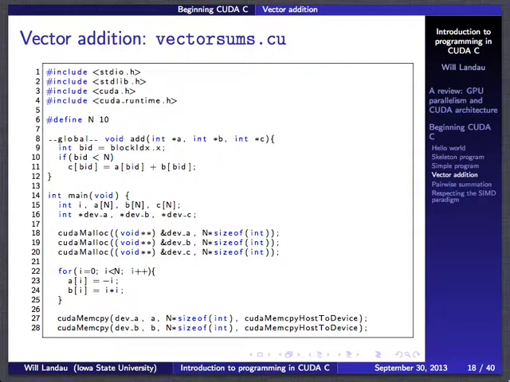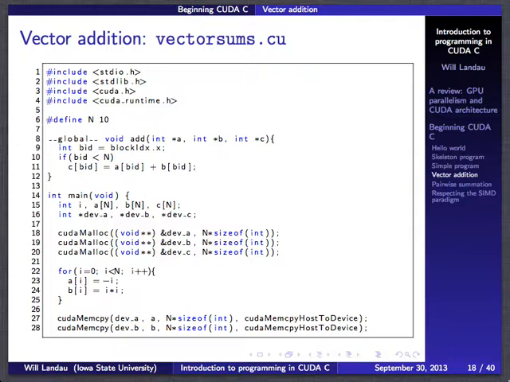So that's the kernel. Now for the rest of the code. I have an integer i, and I have arrays a, b, and c of length n on the host. dev_a, dev_b, and dev_c, that's another convention for naming things on the device. Those are all int pointers on the device, vectors a, b, and c there.